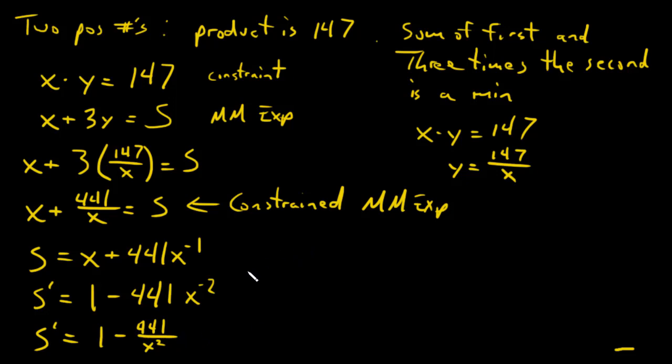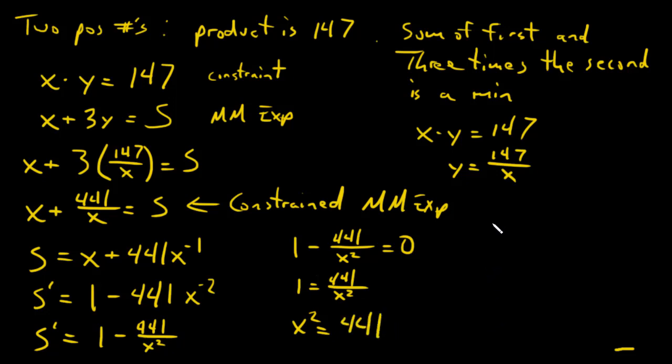So I set it equal to 0, so 1 minus 441 over x squared equals 0, and I'm going to wind up with, let me not skip that step, 1 is equal to 441 over x squared, cross multiply, x squared is equal to 441. What do you know? X equals 21.